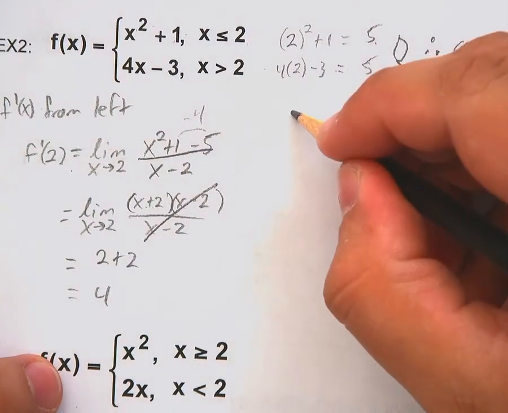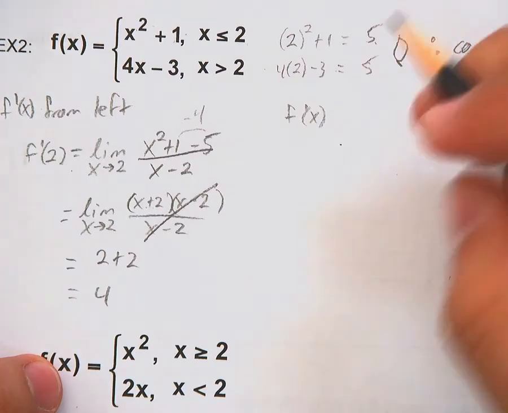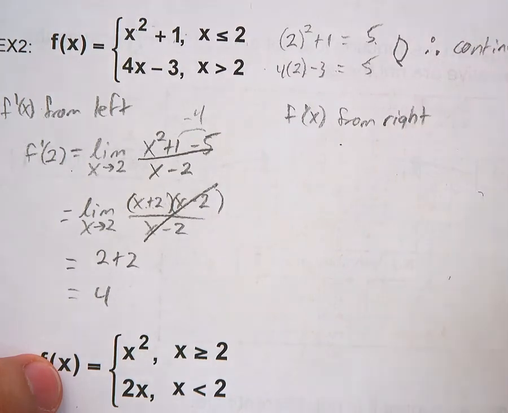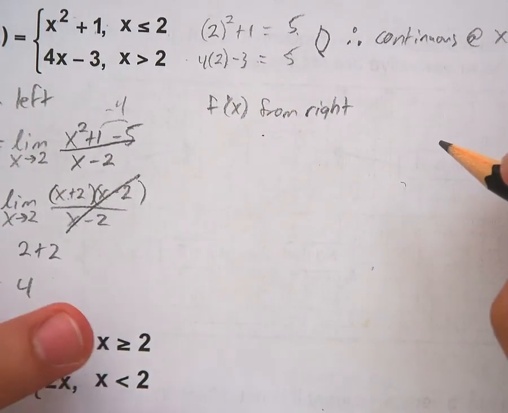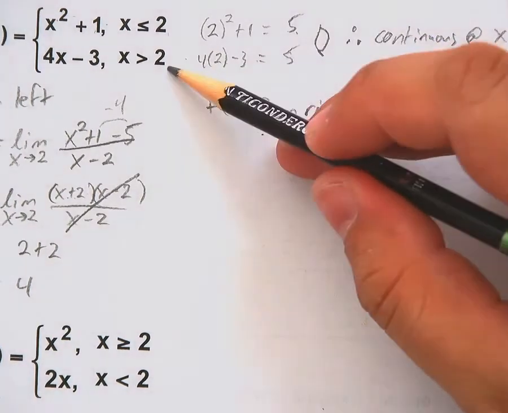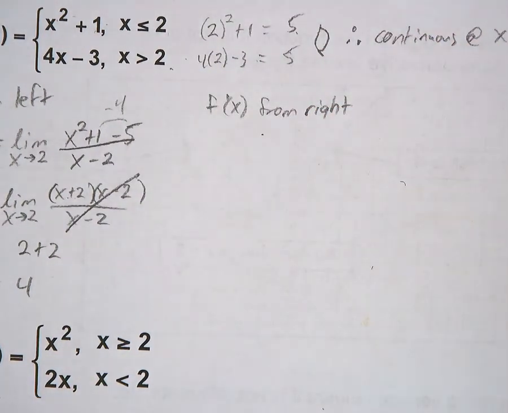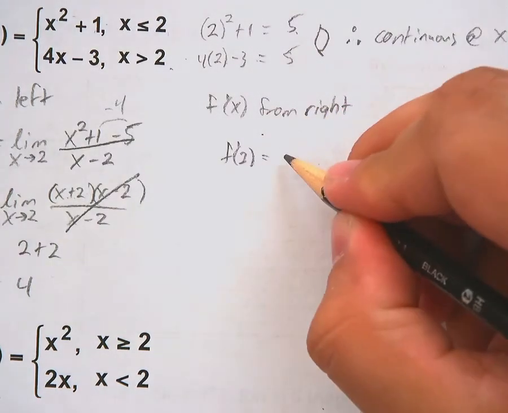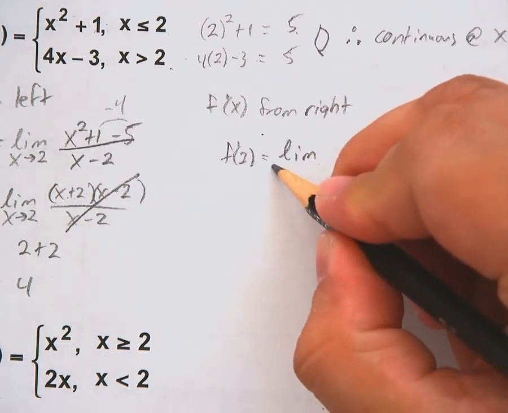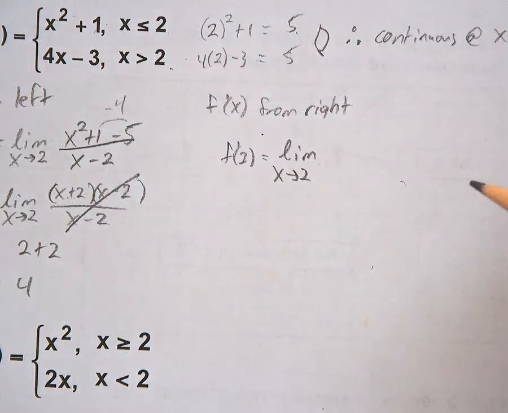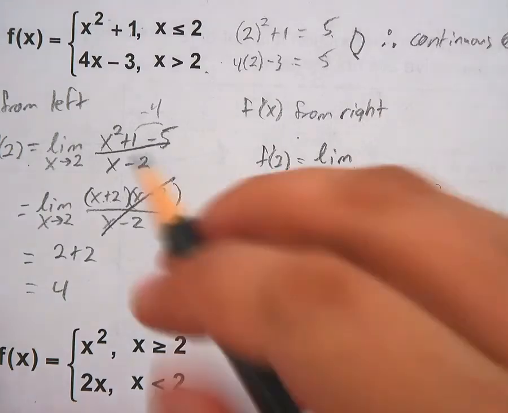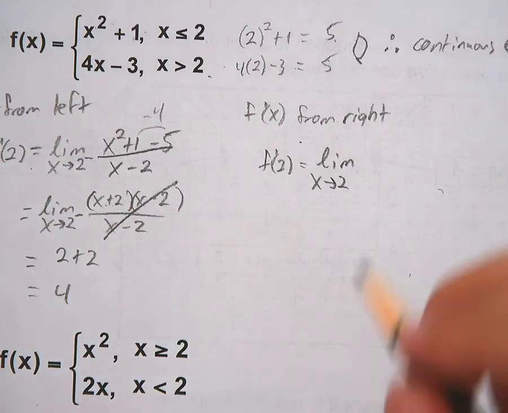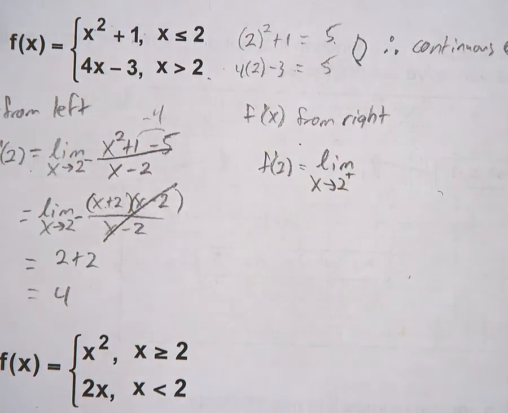Let's find the derivative from the right. F prime of x from the right. Scooch over here. From the right, I use this bottom one where x is greater than 2, because greater than 2 is to the right of it. F prime of 2 is the limit as x approaches 2. Oh, and technically, I could have put negative here and negative here since we're going from the left. I'm going to go ahead and put a positive here since we are coming from the right specifically.